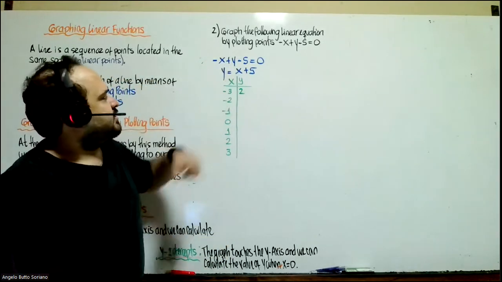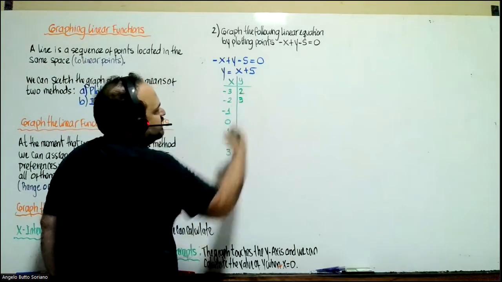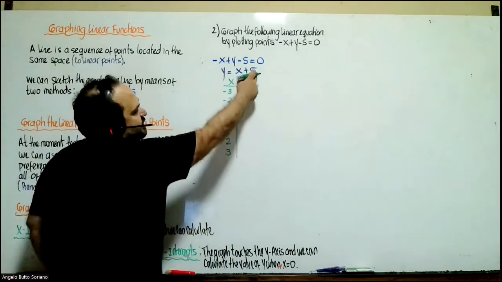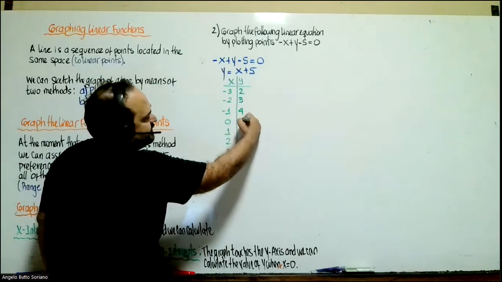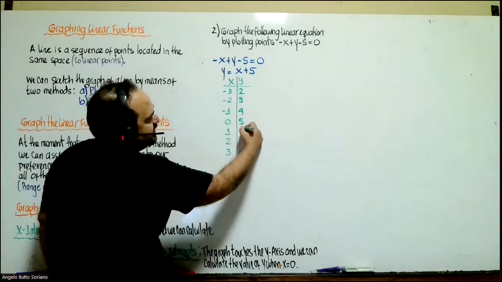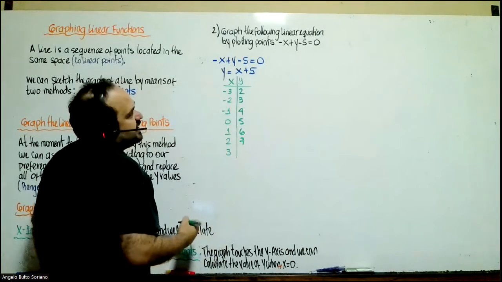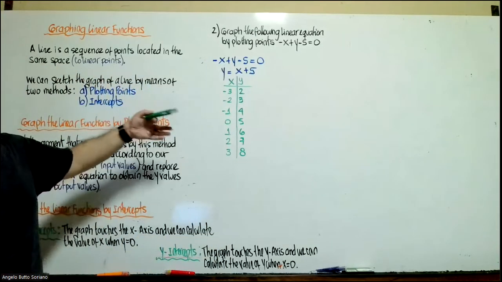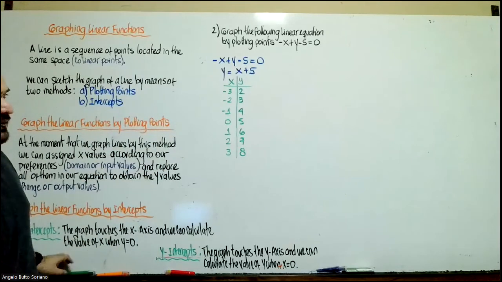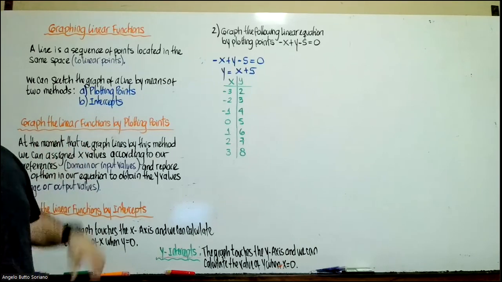Now, -2 plus 5 is 3. -1 plus 5 is 4. 0 plus 5 is 5. 1 plus 5 is 6. 2 plus 5 is 7. And 3 plus 5 is 8. And we have completed the table of values. We have a pattern, right? The y values increase by 1 in the sequence 2, 3, 4, 5, 6, 7, and 8.